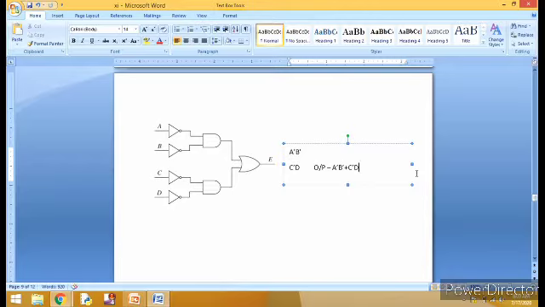Yes, very good, because it is passed through the NOT gate, so it is D dash. Did you get this output? Yes, sir. Very good. So now we all have come to know how to work with logic circuits. Is there any doubt? Please tell me, because we will be proceeding next.